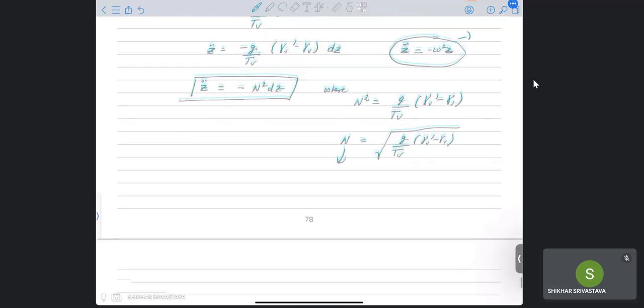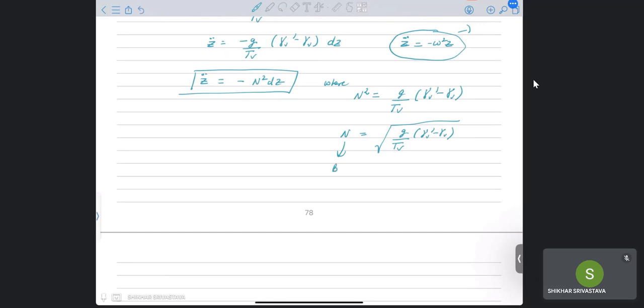This is called the Brunt-Väisälä frequency.